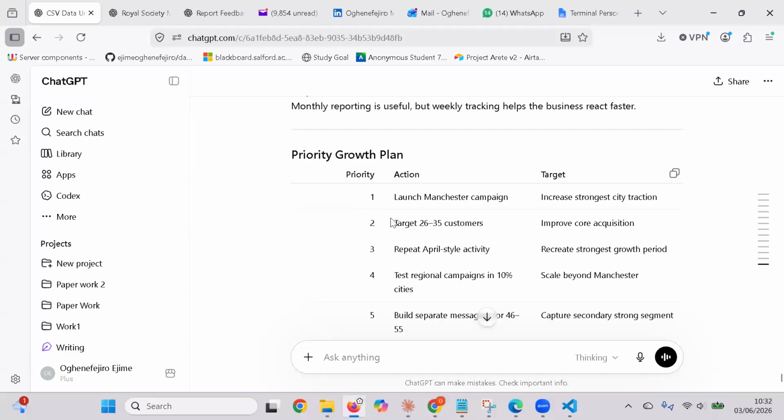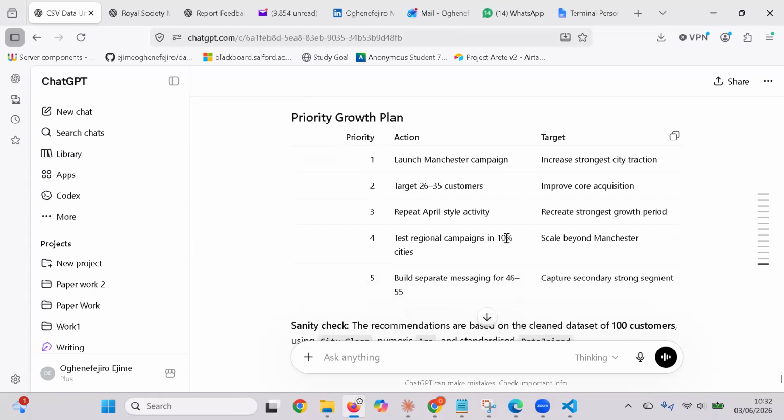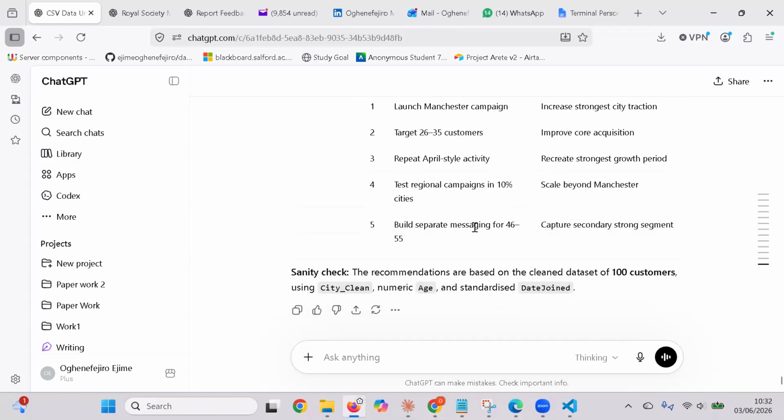Priority growth plan. Priority one: Manchester, target strong, increase the strongest city's traction. Then the age, repeatable style, test regional campaigns in the 10% cities, and build separate messaging.